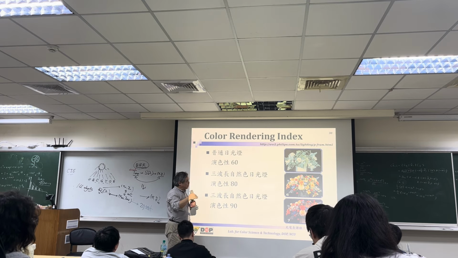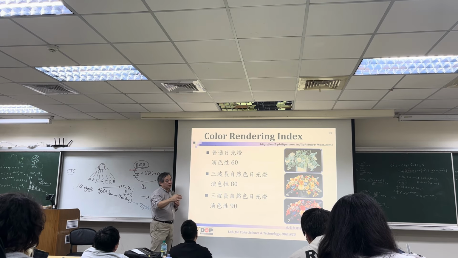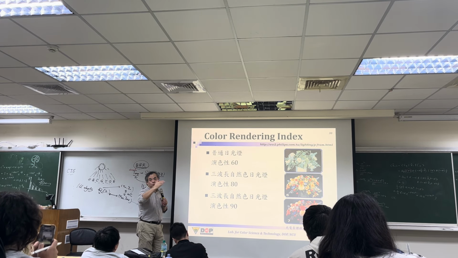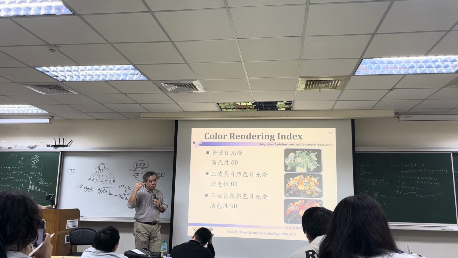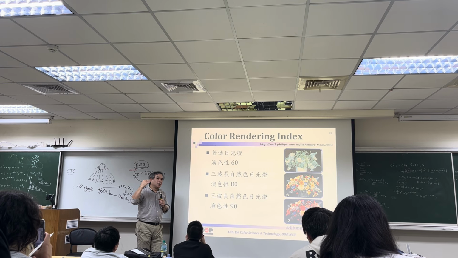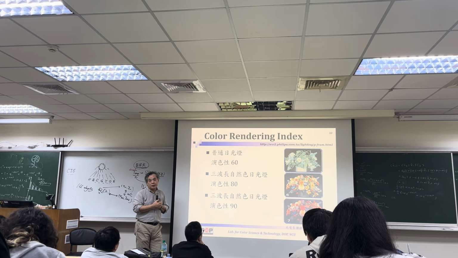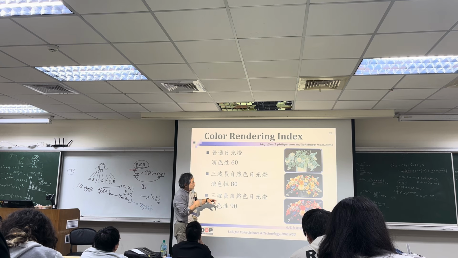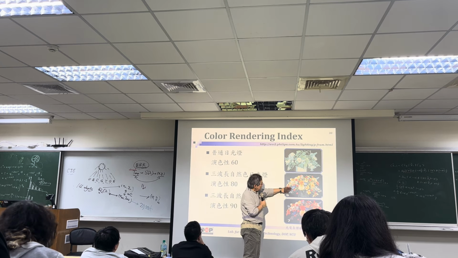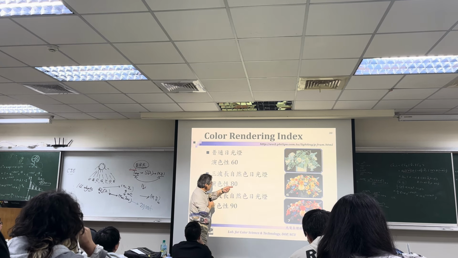So we designed a good index ranging from 0 to 100. You will feel the quality is good when the index is closer to 100, right? So this one is better. The CRI is 80.